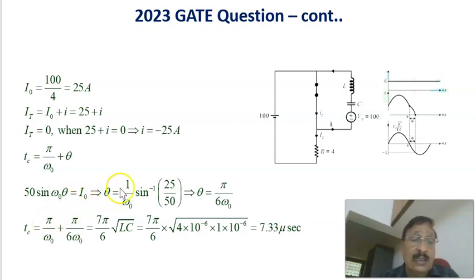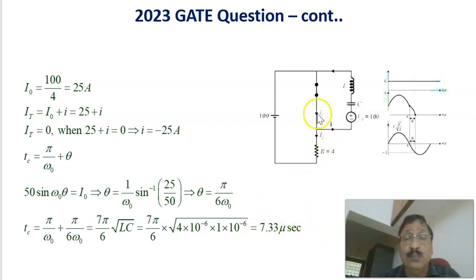From this equation, theta equals 1 by omega naught sine inverse of 25 divided by 50, where I naught equals 25, or theta equals pi by 6 omega naught. This duration equals pi by 6 omega naught, and that duration equals pi by omega naught. The total duration is pi by omega naught plus pi by 6 omega naught, which equals 7 pi by 6 root of LC, or substituting, we get 7.33 microsecond.